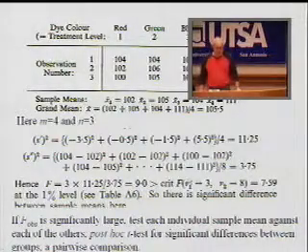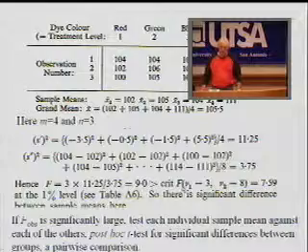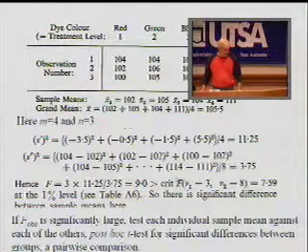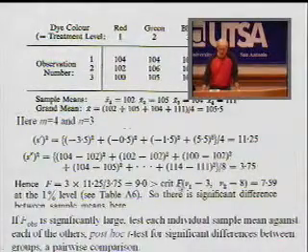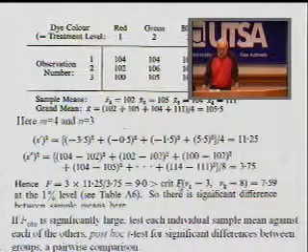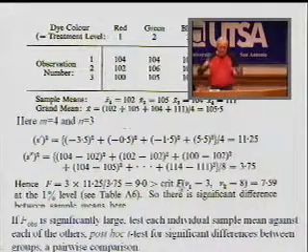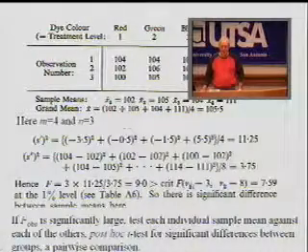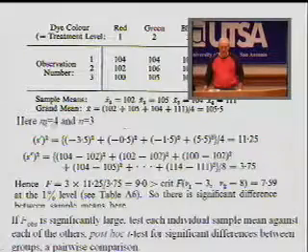Now, the reason for showing you this is that when you report the outcome of an analysis of variance, this is part of the format in which you report it. You would state in your results the analysis of variance was significant, and then in brackets, in little square brackets, you would put F, open parentheses, the degrees of freedom for the treatment groups. Okay, that was the m minus 1.